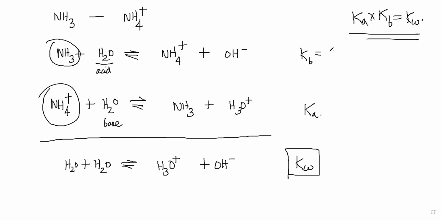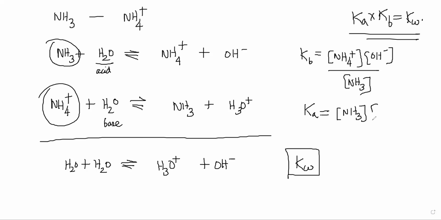Kb is equal to simply NH4 plus OH minus divided by NH3, and Ka is NH3 H3O plus divided by NH4 plus.